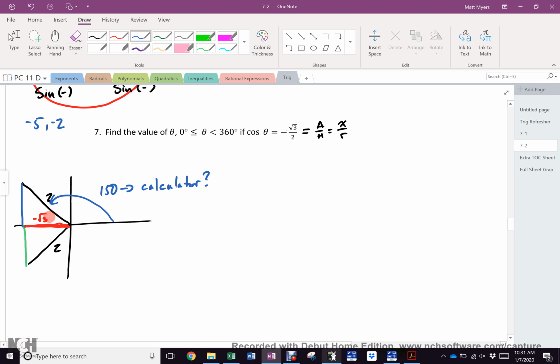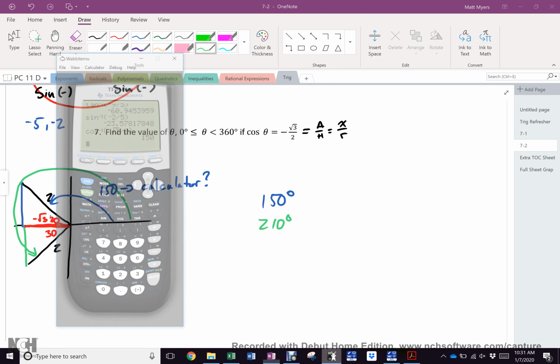So what does that mean the reference angle is? 30. 30. So what does that mean this reference angle is? 30. So what does that mean green theta is? 210. Oops. 150 degrees and 210. Now, that seems strange, yes?